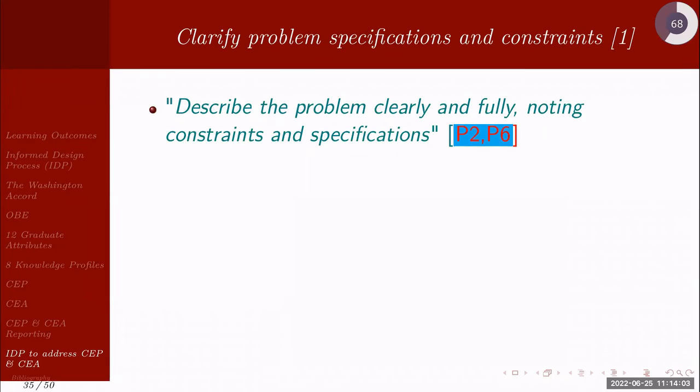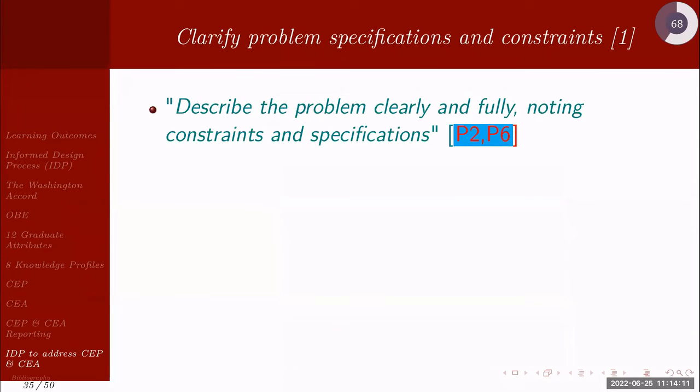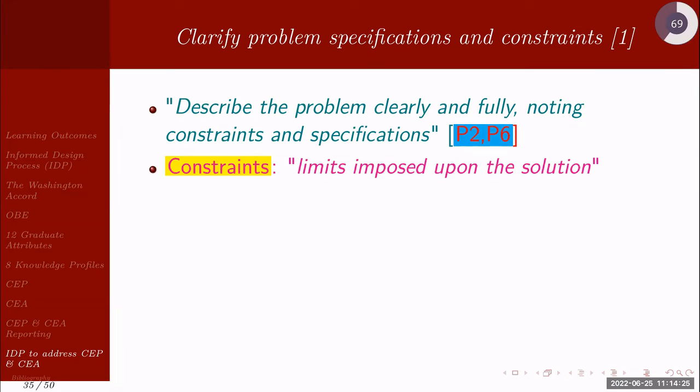Okay. Now, different stages, like the first one, clarify problem specification and constraint. We need to relate to those 7 ranges of complex engineering problem solving. So describe the problem clearly and fully, noting constraints and specifications. These are related to P2 and P6.